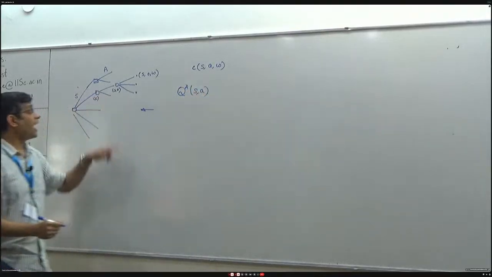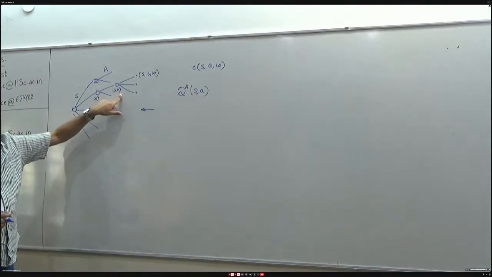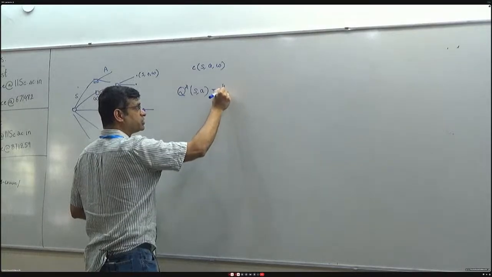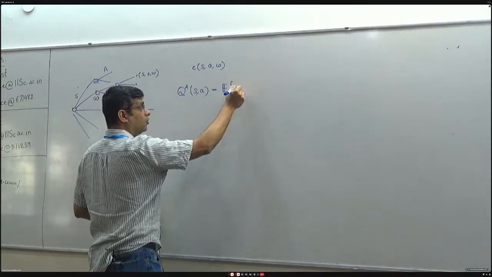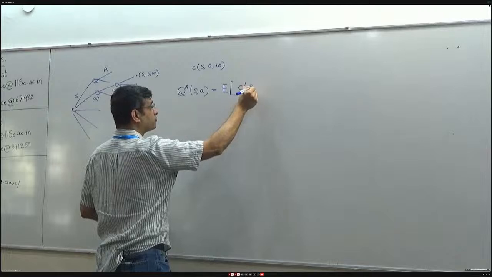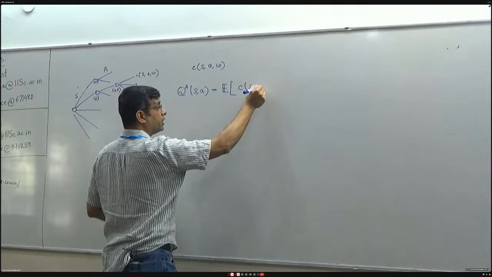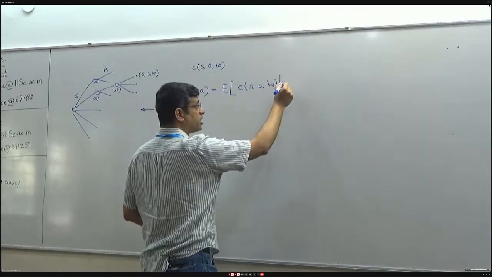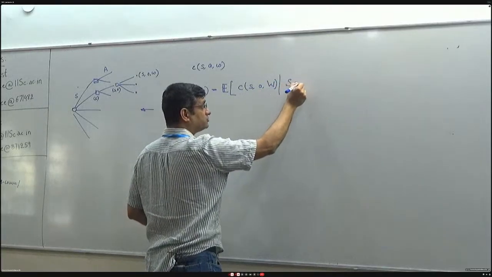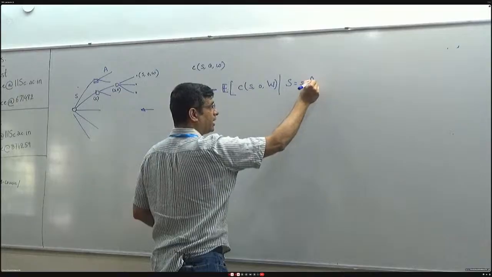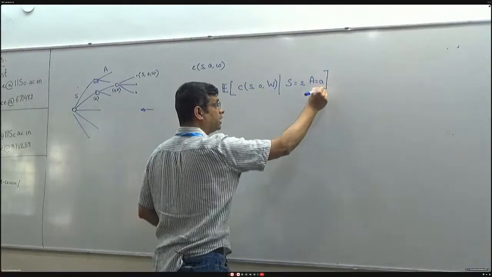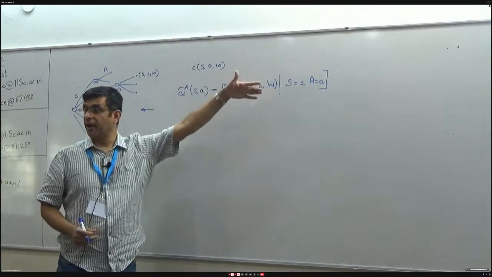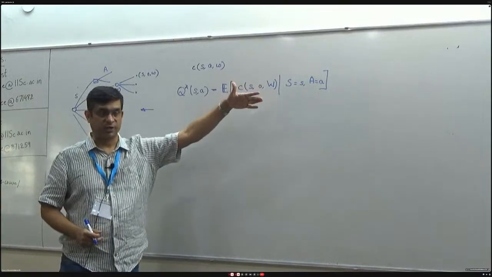So at each of the penultimate nodes here, I compute the expectation of C of S, A, and W, and I'm going to write it in its most generic setting now that S is equal to little s and A is equal to little a, allowing for the possibility that the distribution of W may depend on the action that I take as well. Okay?